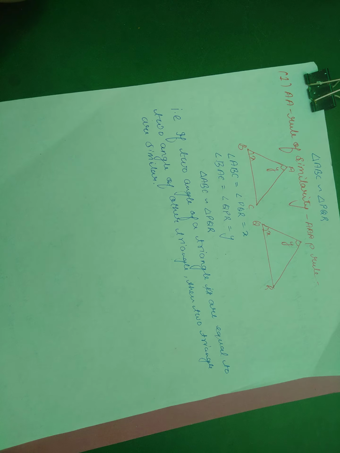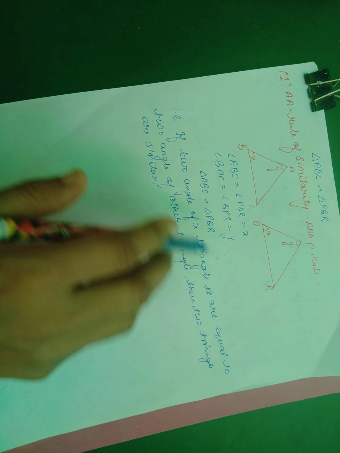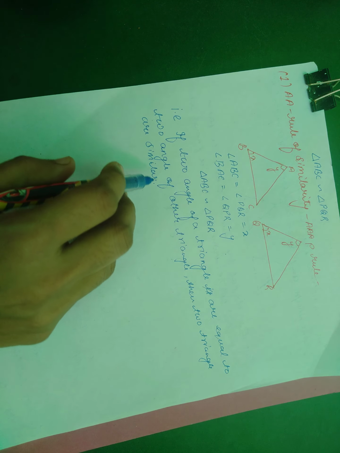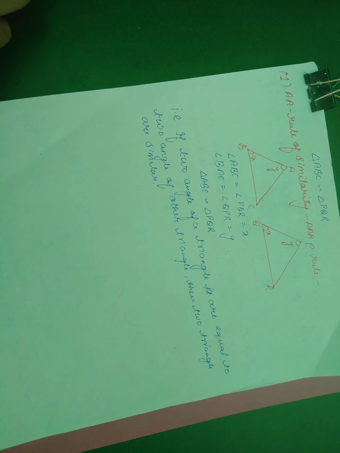This is the AA rule of similarity. If two angles of a triangle are equal to two angles of another triangle, then the two triangles will be similar.